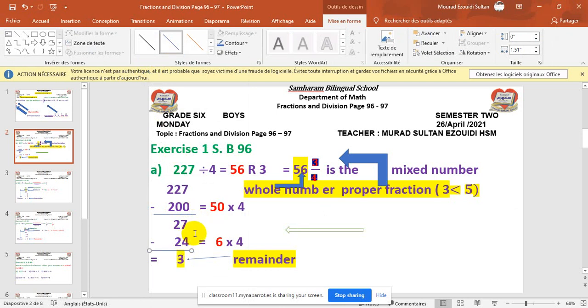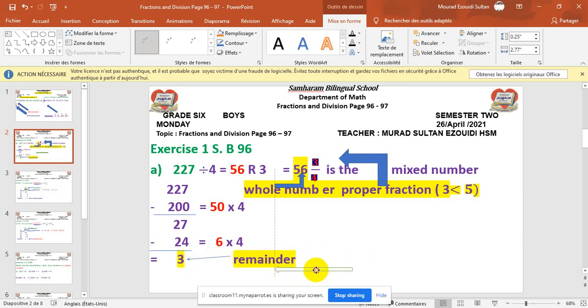Now I will search for a multiple of 4 which is less than or equal to 27. You can see that 6 multiplied by 4 is 24. So I'll subtract 24 from 27. 7 minus 4 is 3. 2 minus 2 is 0. So the remainder is 3.